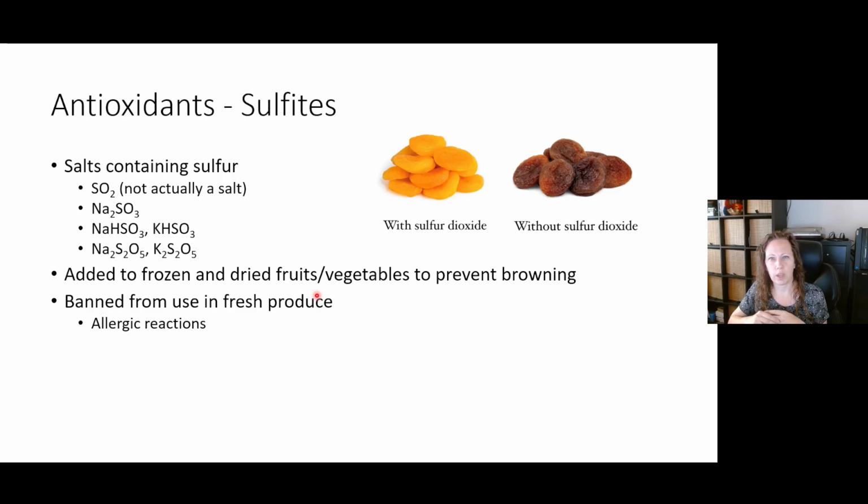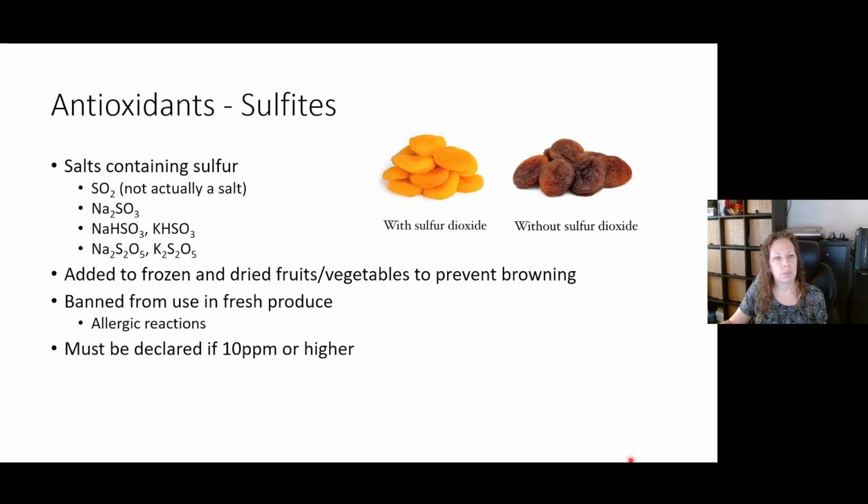And so in some ways it would be a little bit deceptive marketing to use sulfites, would be my personal opinion. But some people are susceptible to reactions with sulfites, and so that is one reason that it is banned from use in fresh produce. So some people, like, they cannot eat dried fruits because of sulfites. It causes issues with their body.